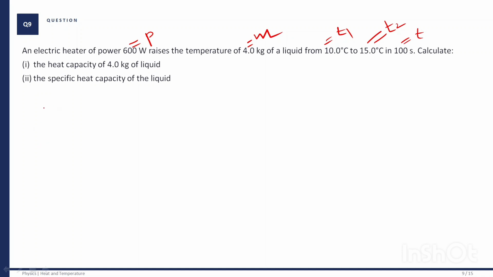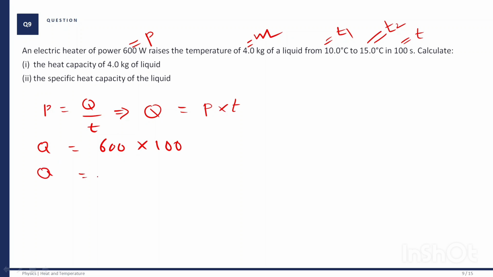In the past problem, we have seen power equal to heat energy by time. That implies Q can be written as P into T. What is the P value? 600 watts. T value 100 seconds. Then Q we will get 60,000 joules. Got it?